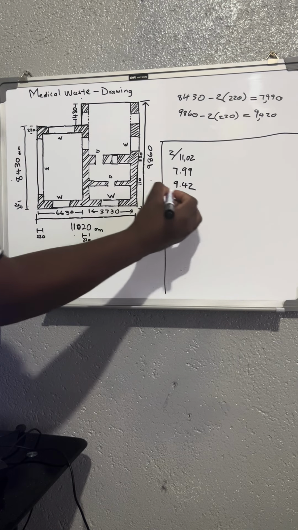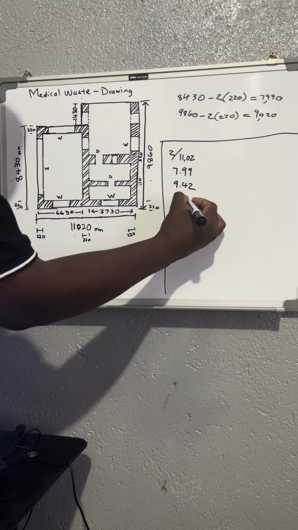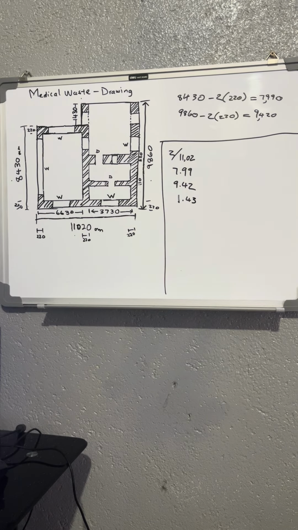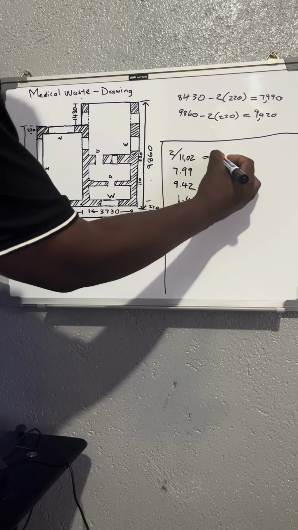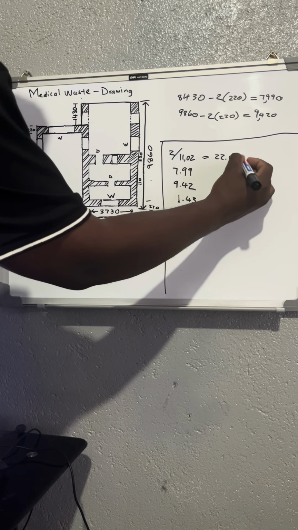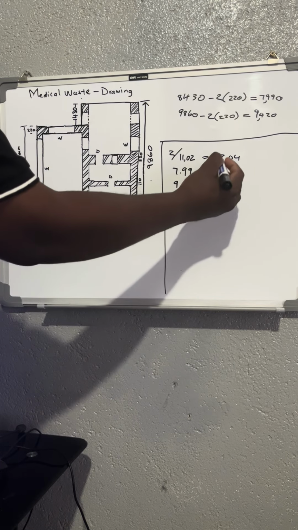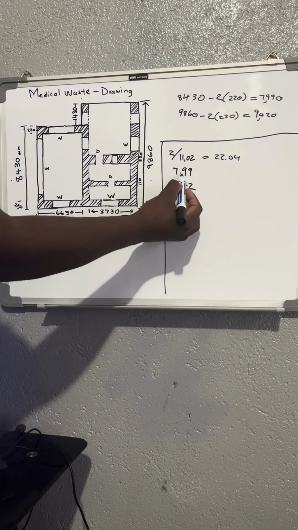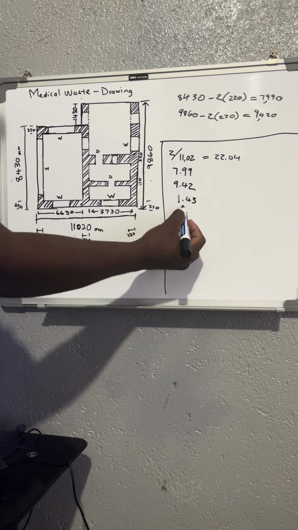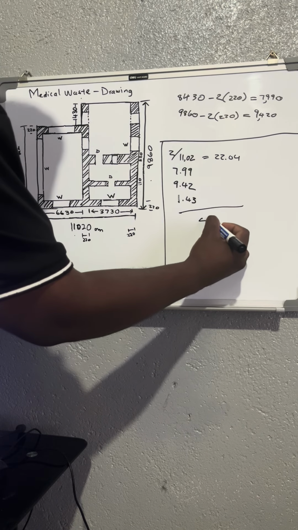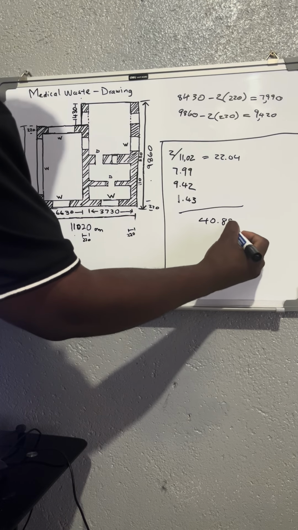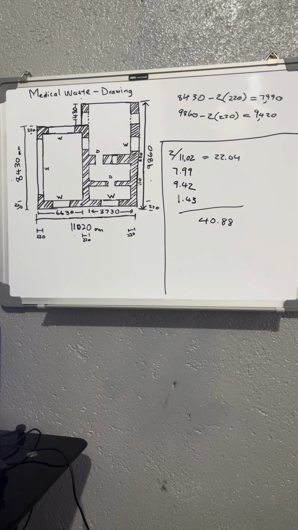Still going to add that one as our 1.43, so that we've worked on each and every one. So this will give us 22.04. Then if you add 22.04 plus 7.99 plus 9.42 plus this, your final value will give you 40.88.